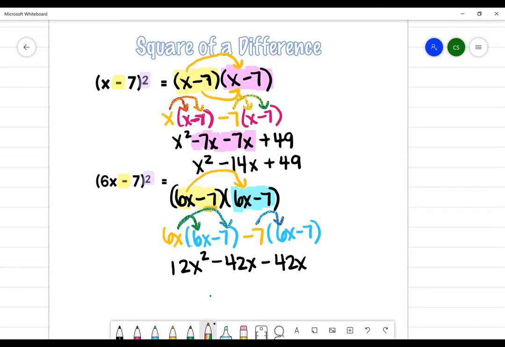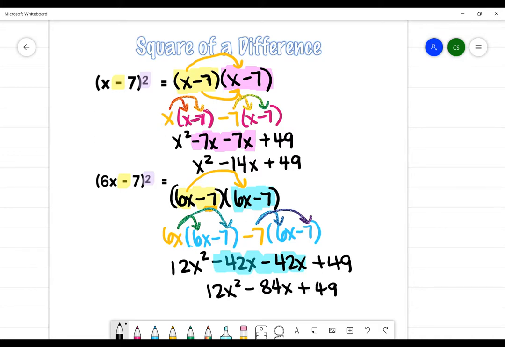And distribute -7 to -7, and I get a +49. Combine my like terms, and I get 12x minus 84x plus 49. And these are also perfect square trinomials.